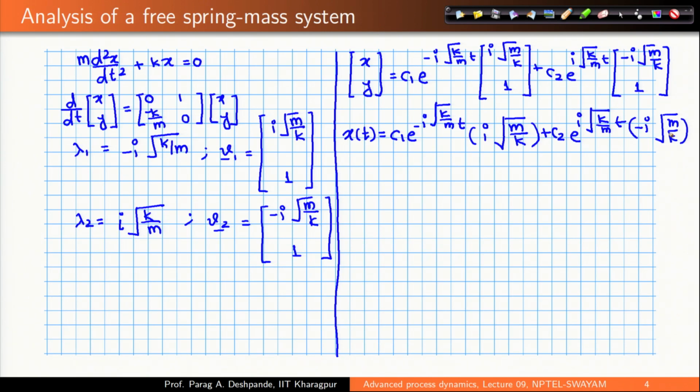This is a solution, but it is not really very elegant and it does not tell me anything physical about the system. So, let me try to make the solution a little more elegant.